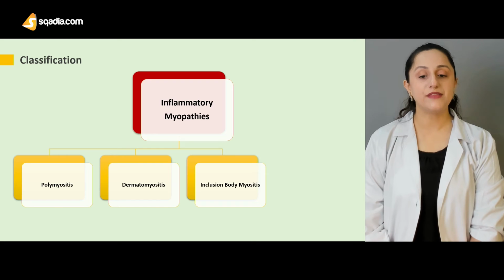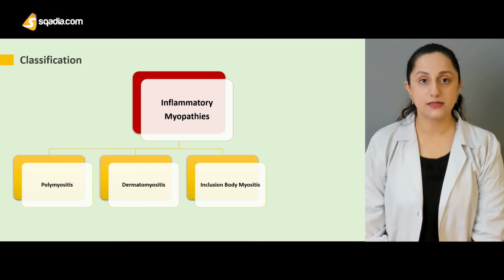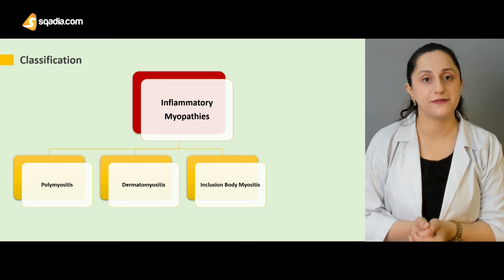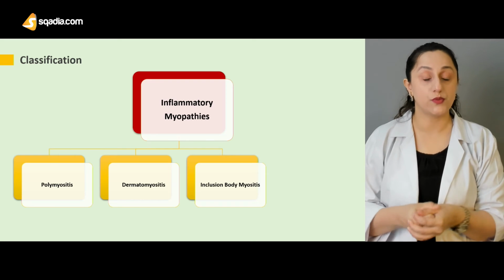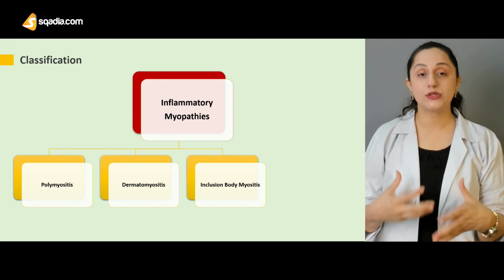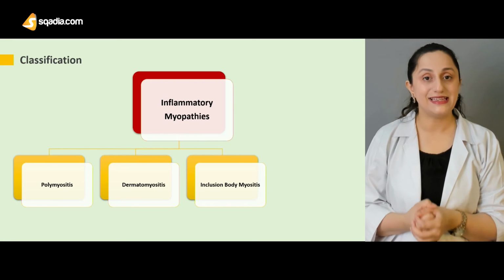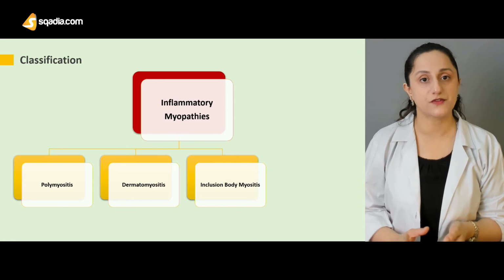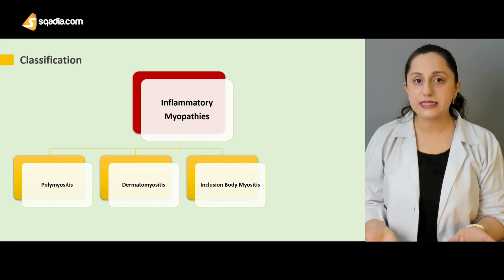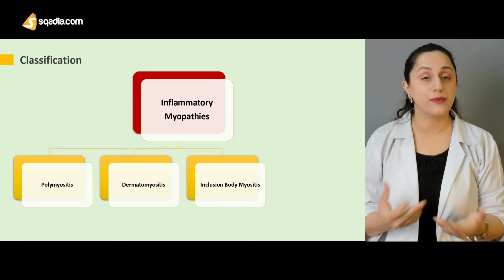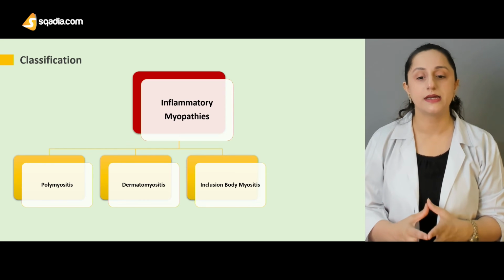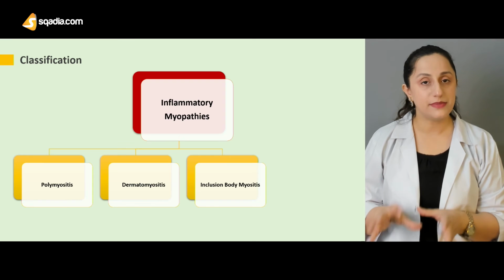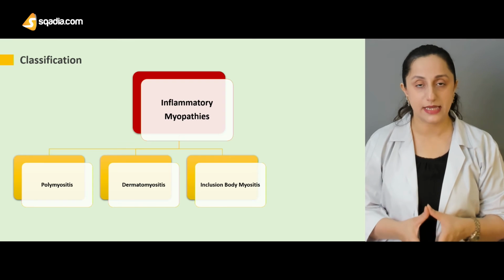Moving on, we have inclusion body myositis, and here there is usually a particular age group that is affected by this kind of pathology. Usually people more than 50 years of age are affected by inclusion body myositis. The diagnosis is only confirmed after we carry out investigations such as electromyography and blood tests, which are suggestive of the fact that the patient is suffering from IBM, that is inclusion body myositis.